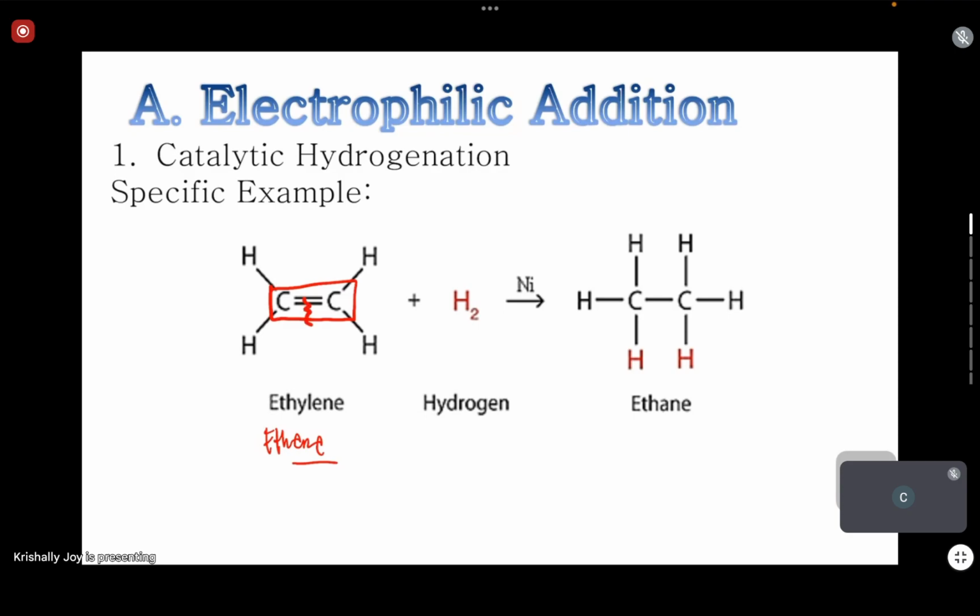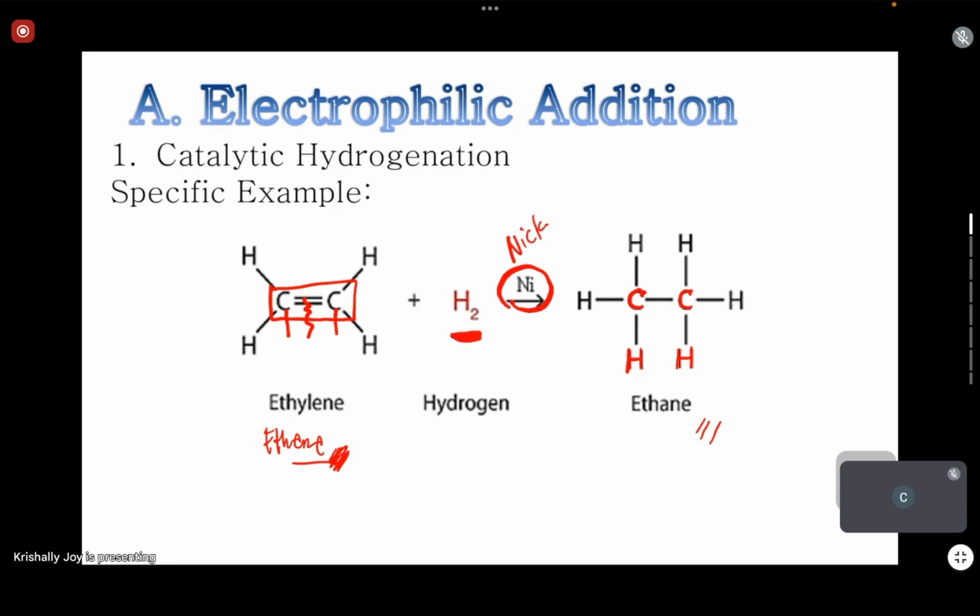Break the pi bond, and it will now allow addition of hydrogen for each carbon. So ito na yun. So from ethene, you will produce the product ethane if ethene undergoes catalytic hydrogenation.